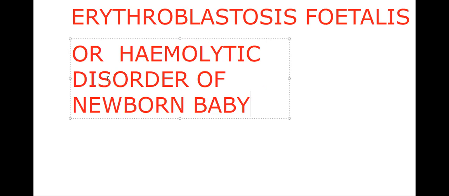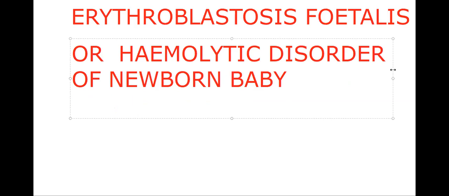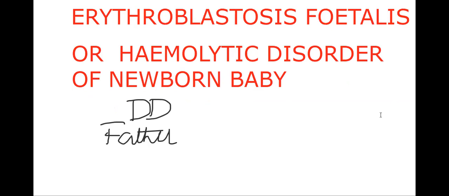A disorder that occurs in some incompatible marriages. So what are the incompatible marriages that we have to see now? Okay, so let us focus on erythroblastosis foetalis or hemolytic disorder of the newborn baby. In the case when the father is Rh positive and the mother is Rh negative, this is the case.